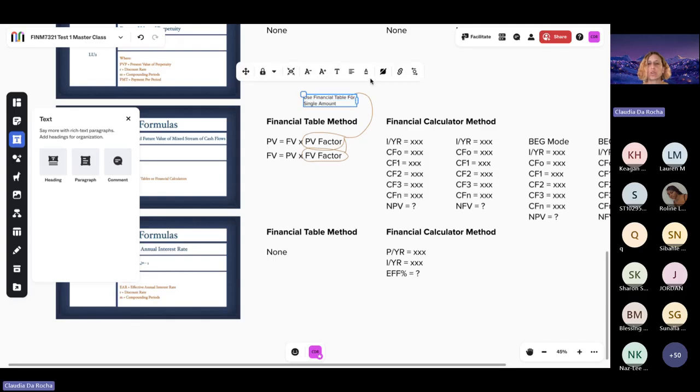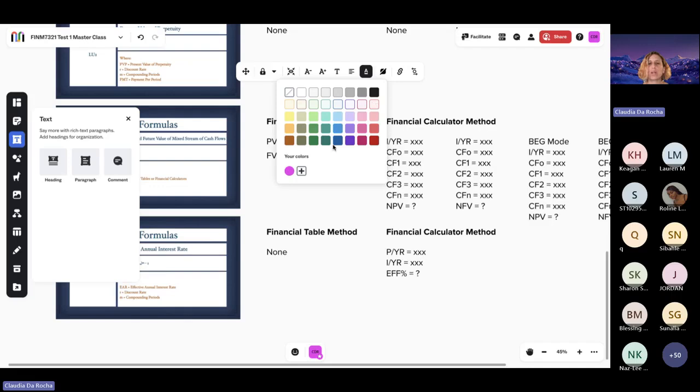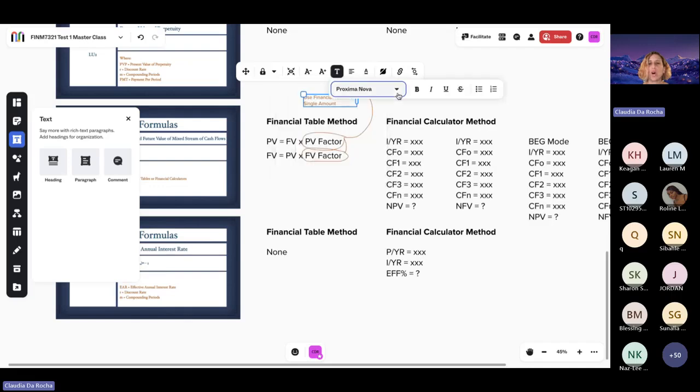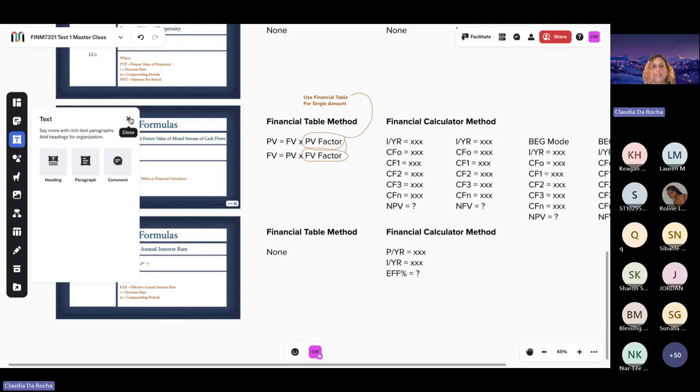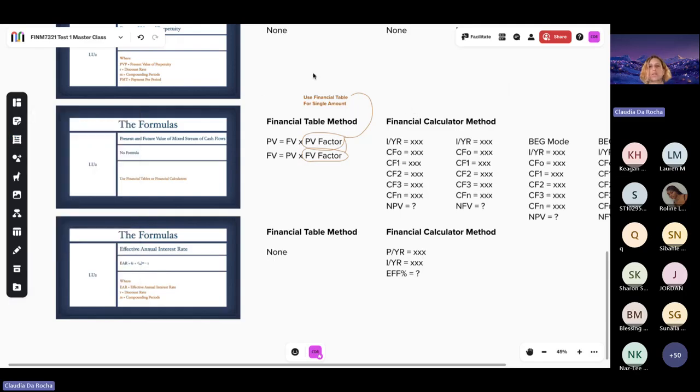The reason is that you have to calculate the present or future value of each separate cash flow and treat it like it's its own amount. So don't use the annuity table. Use the financial table for a single amount.